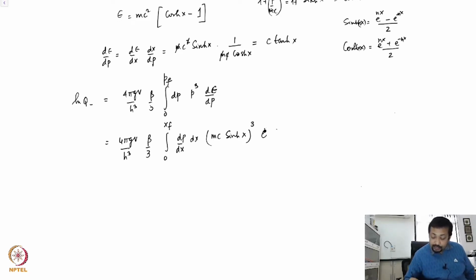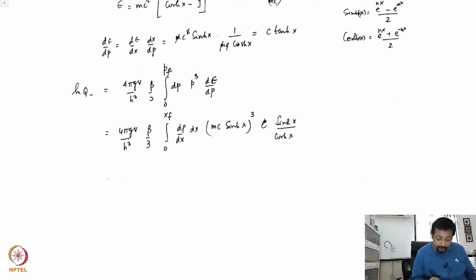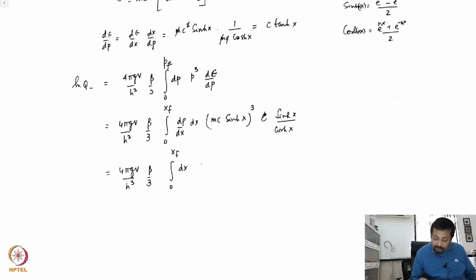So we will write d epsilon/dP as sinh x divided by cosh x, so that this becomes 4 pi gv over h cube beta over 3, integral 0 to xf dx, and dP/dx is mc cosh x, (mc) whole cube sinh cube of x, and then you have sinh x over cosh x.